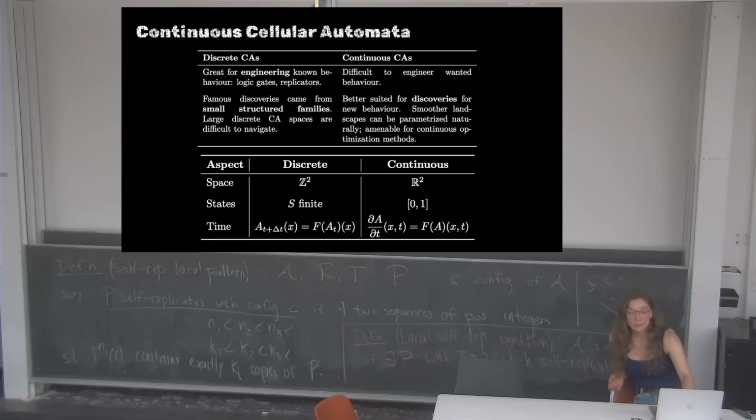The continuous analogs of this will essentially transform Z to R, transform the states to either the real line or some interval of the real line, or some powers of the interval of the real line. And the time would turn into some differential equation. We don't require a continuous cellular automaton to be continuous in all these aspects. For instance, we can still have a discrete grid where each cell has a continuous state.